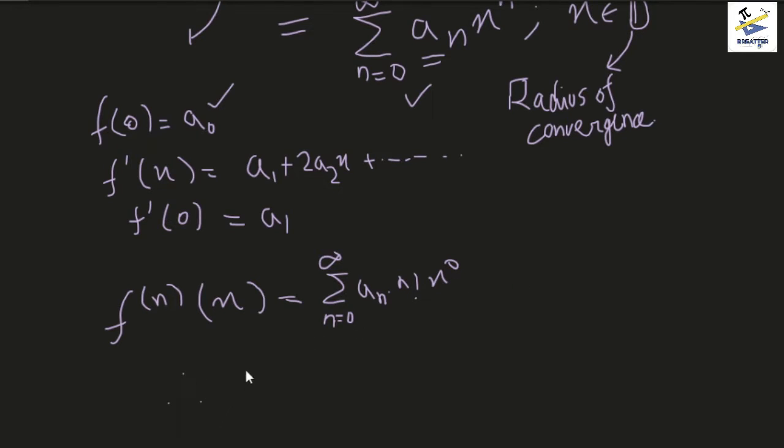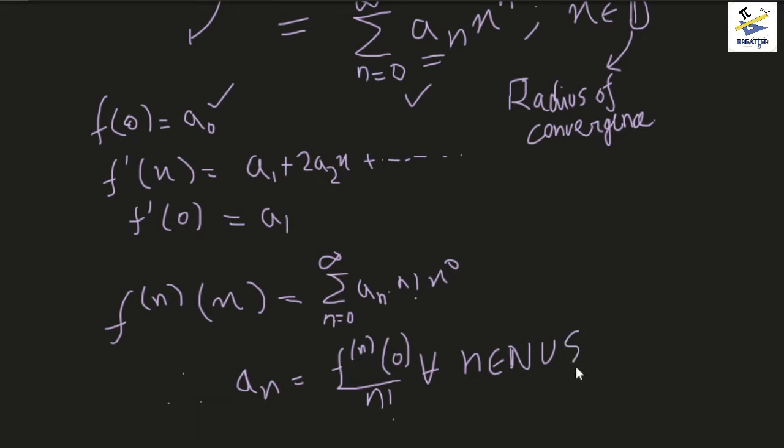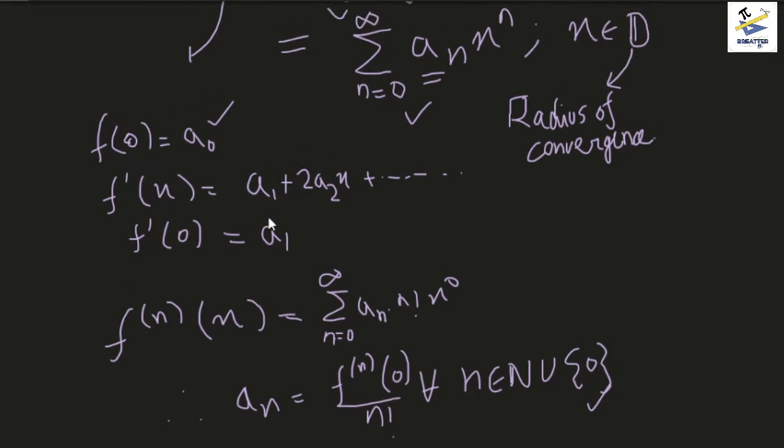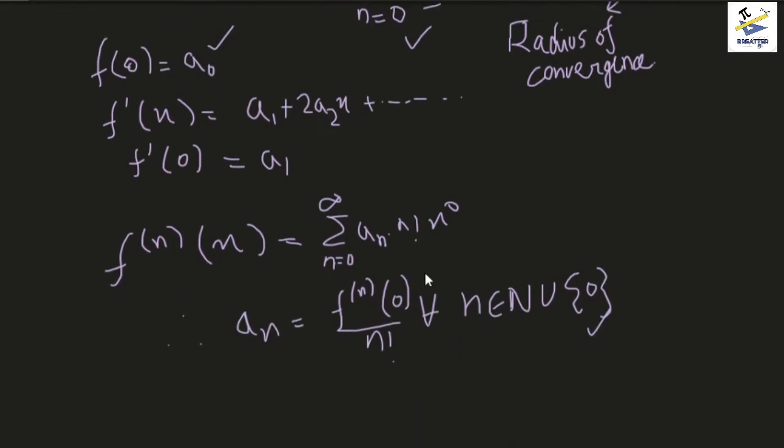So therefore the general coefficient should be an equals f^n of 0 by n factorial for all n, and in all n we include the natural numbers and also the integer 0, because although we have already found the value for 0, we still include it.